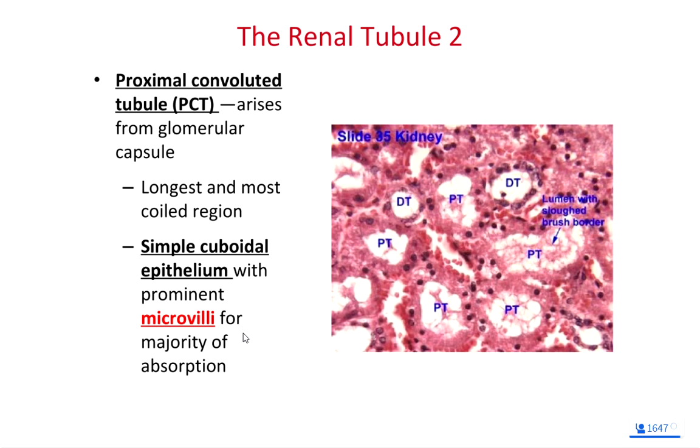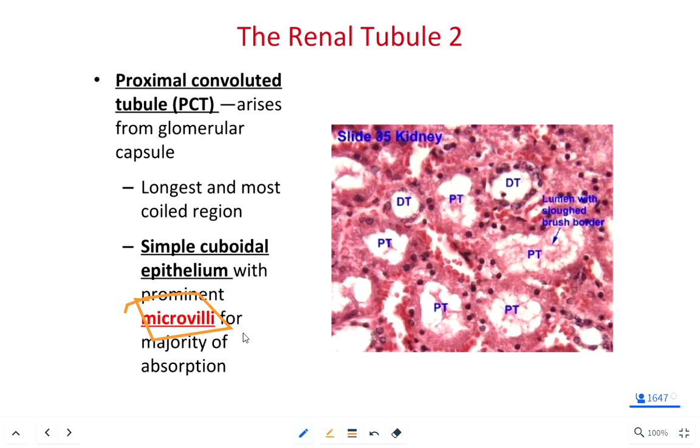To aid with the reabsorption in the proximal convoluted tubule, we need a really high surface area, and we increase that surface area by having a lot of microvilli coming off of the cells of the proximal convoluted tubule. In lab, when you're looking at some microscope slides of the kidneys, it's kind of a hot mess the first time you look at it, because you see a bunch of little white spaces, a bunch of little tubes.